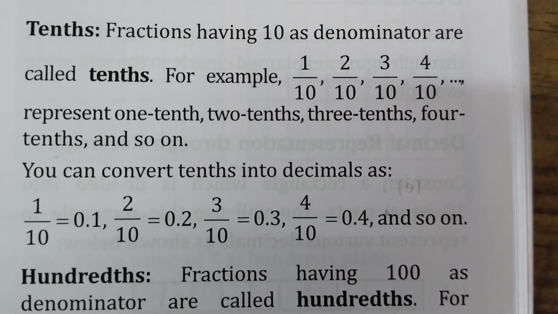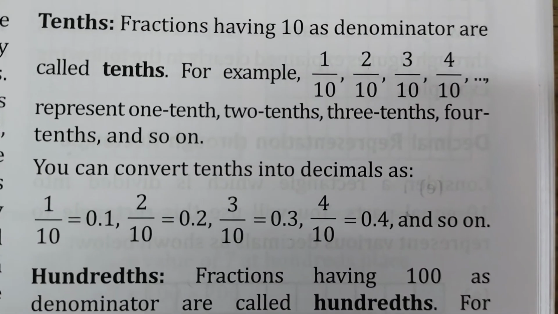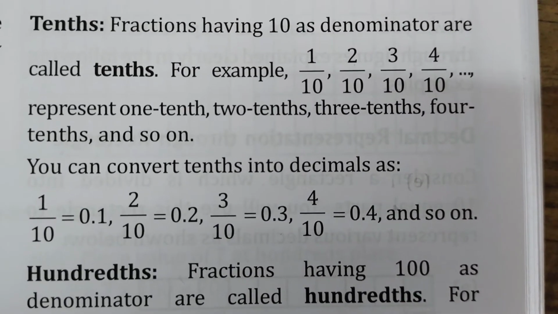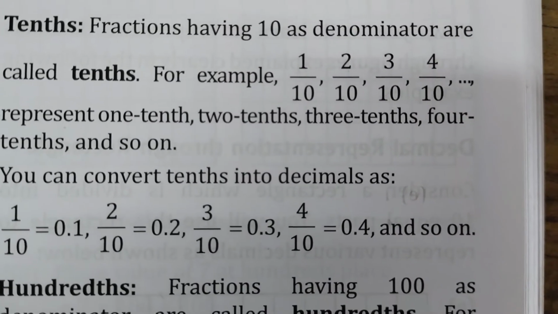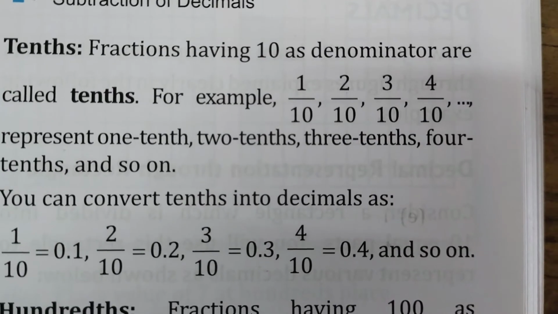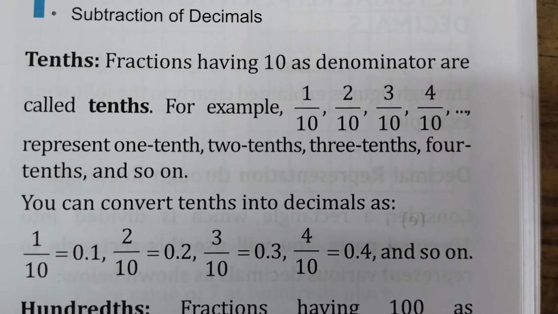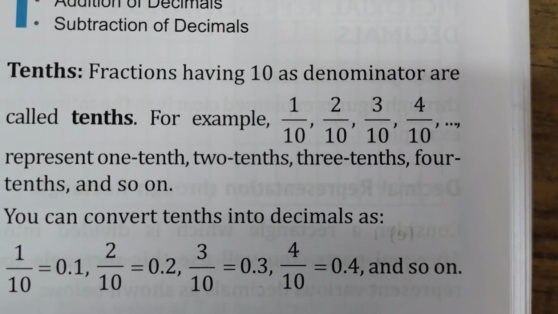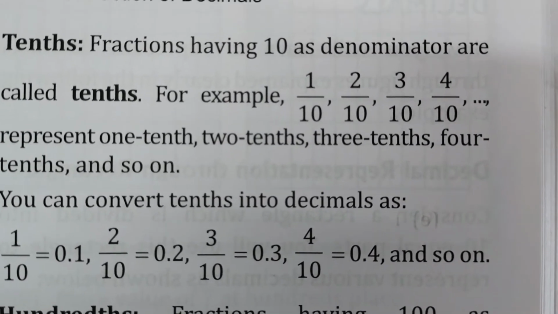For example, 1 by 10, 2 by 10, 3 by 10, 4 by 10 represent 1 tenth, 2 tenths, 3 tenths, 4 tenths and so on. When you convert into decimals, 1 by 10 is 0.1, 2 by 10 is 0.2, 3 by 10 is 0.3, 4 by 10 is 0.4 and so on.